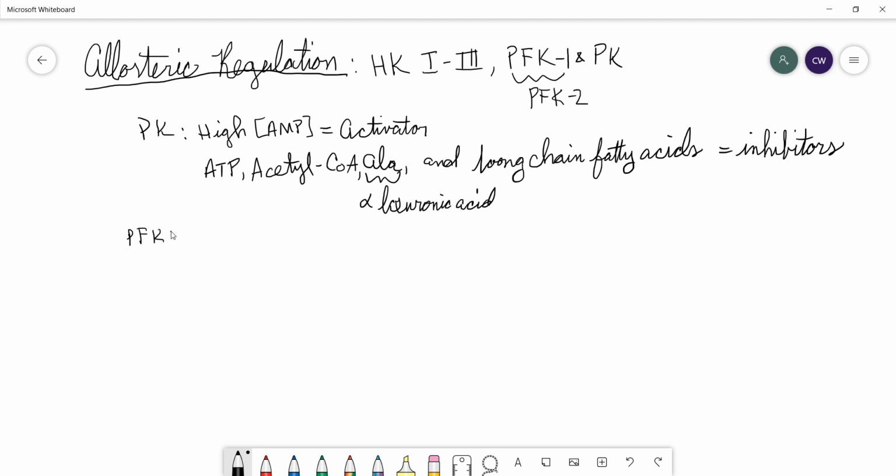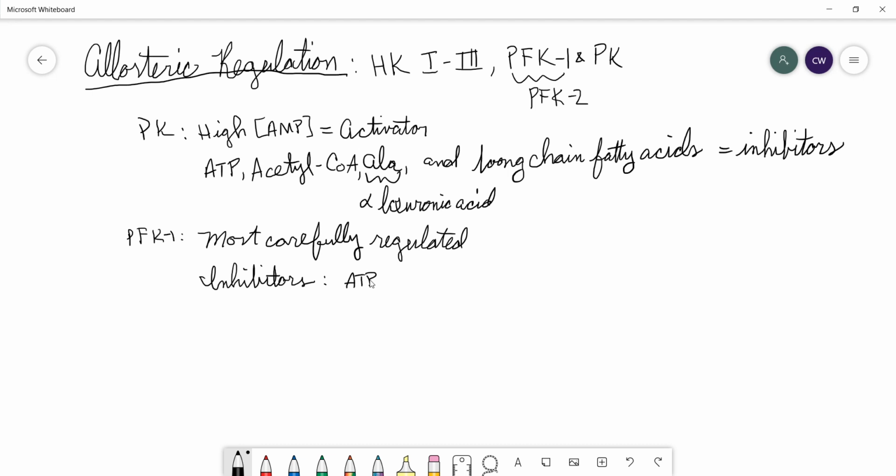PFK1, all right, is the most carefully regulated of the enzymes we discussed. Its inhibitors include ATP, PEP, and citrate.